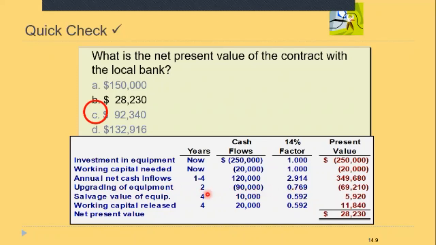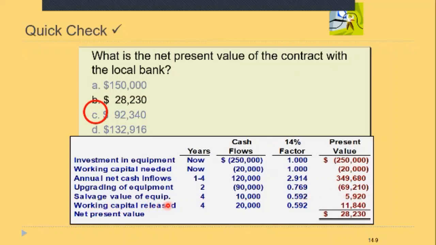That is taking place at the end of the second year, so we multiply by 0.769. The factor for the second year gives 69,210 going out in that year. The salvage of the equipment at the end of year 4, 10,000 when we sell it, we get 5,920.